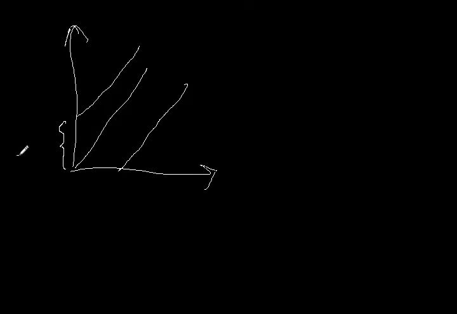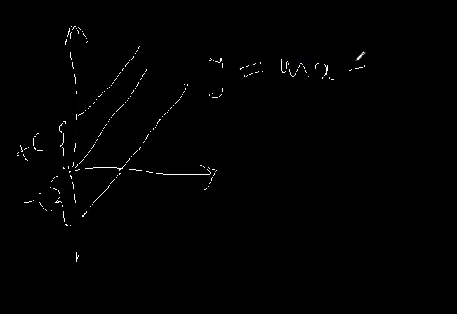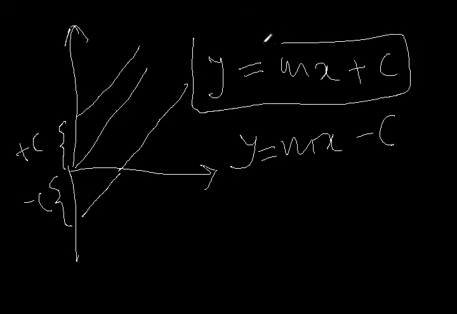So this, as you can see, is a positive intercept, and this, as you can see, is a negative intercept. So the whole equation of a straight line can be put, for a positive intercept, as mx plus c, and for a negative intercept, mx minus c.